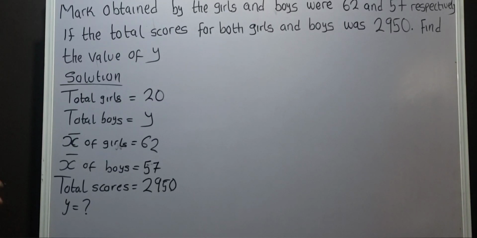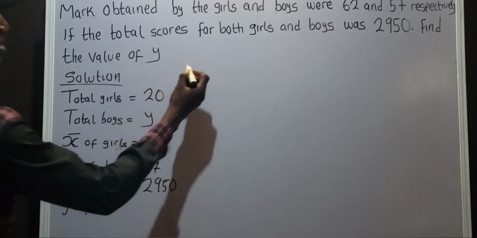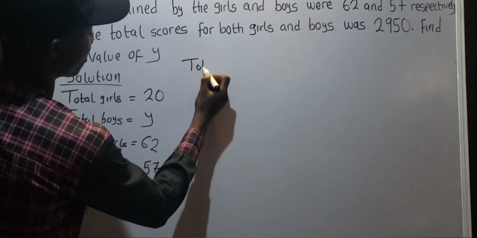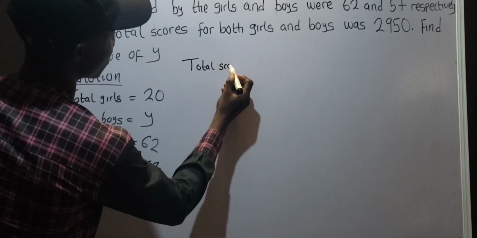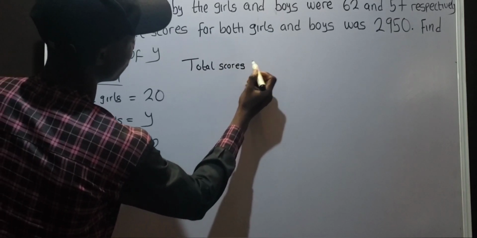So to determine the total scores of the boys in the examination, I have to also determine the total scores for the girls in the examination. So that is what I'm going to be calculating now. The total scores for girls.